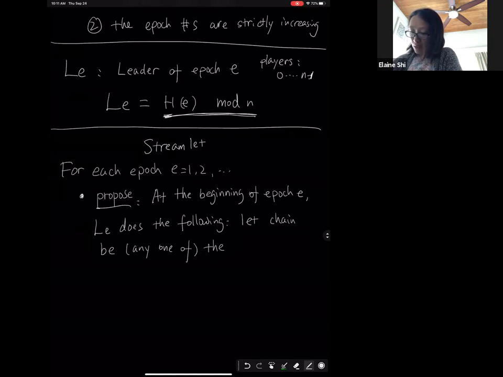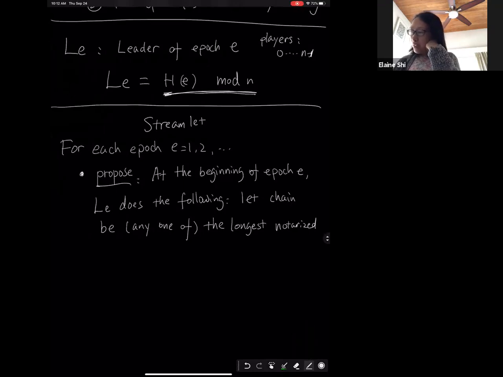So let chain be the longest notarized chain. Notarized doesn't mean finalized. This is a little bit circular, but notarized means that every block in the chain has gained votes from 2/3 of the people. I will also explain notarized, but let me write this down first. Notarized and finalized have slightly different rules; you have to be a little bit more patient. You'll see that.